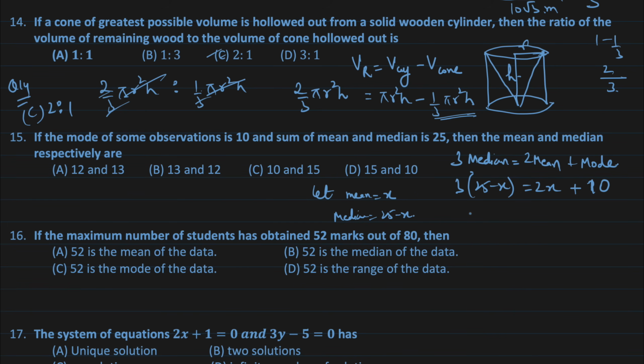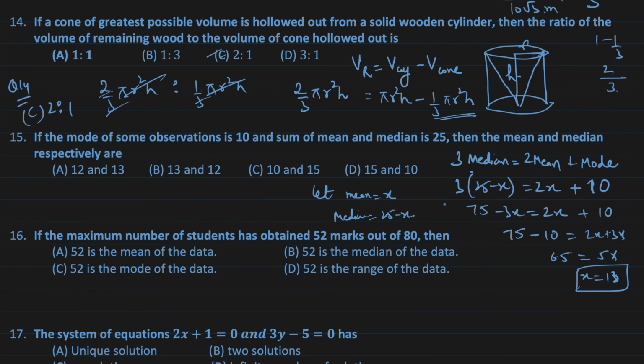So 3 into (25 minus x) is 2x plus mode, which is given as 10. So let's solve this equation. 75 minus 3x equals 2x plus 10, right? Take it here and there, transposition. 75 minus 10 equals 2x plus 3x. So 65 is 5x, so x comes out to be 13, right?